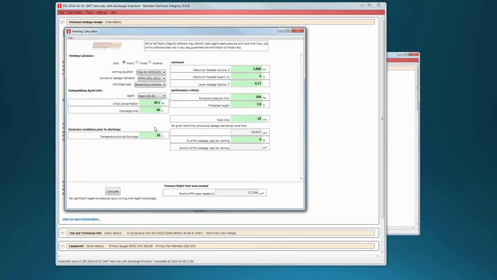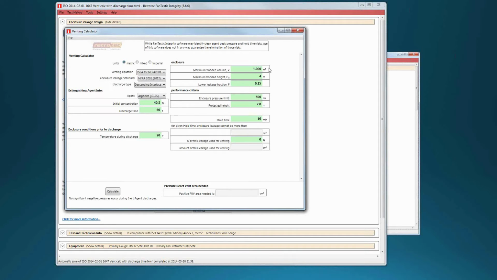And in this case, we have an example of argon. We can use Argonite. The differences are very, very small. And put in a typical, I think 40.3 is typical concentration. Discharge time 60 seconds, temperature at discharge of 20 degrees.